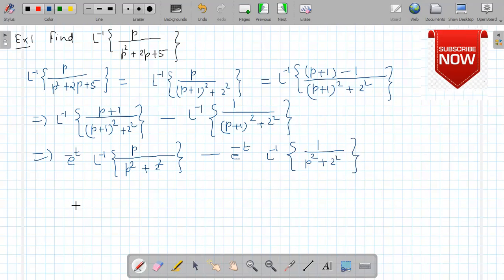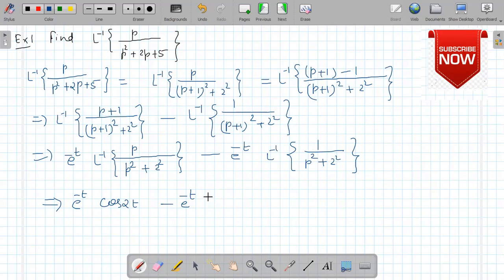Now it's very simple. Laplace inverse of p upon p square plus 2 square is cos 2t, and for Laplace inverse of 1 upon p square plus 2 square, we need 2 here to make it the sine 2t formula. Laplace inverse of a upon p square plus a square is sine at. So to make a here, we multiply and divide this expression by 2.